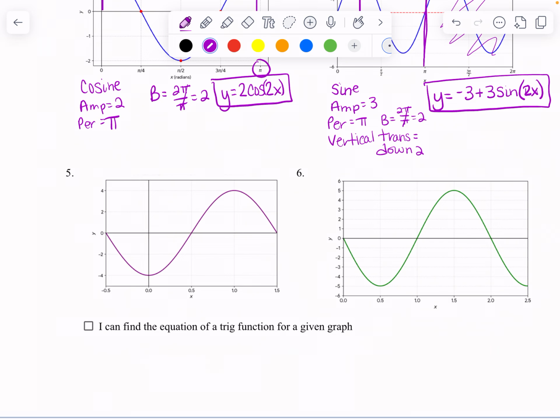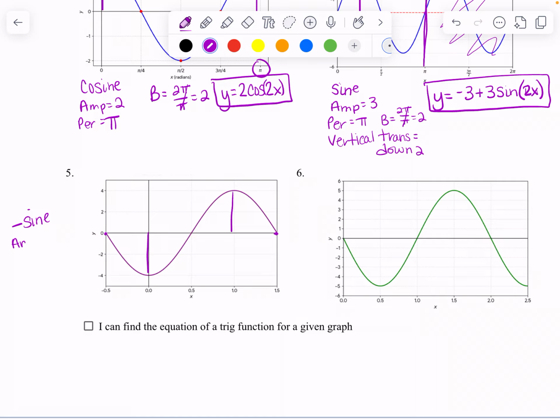Alright, number 5. This is a sine graph, but it's a negative sine graph. Okay, my period. This one's a little bit different. Well, let's do amplitude first. So here's my amplitude, or here's my amplitude.